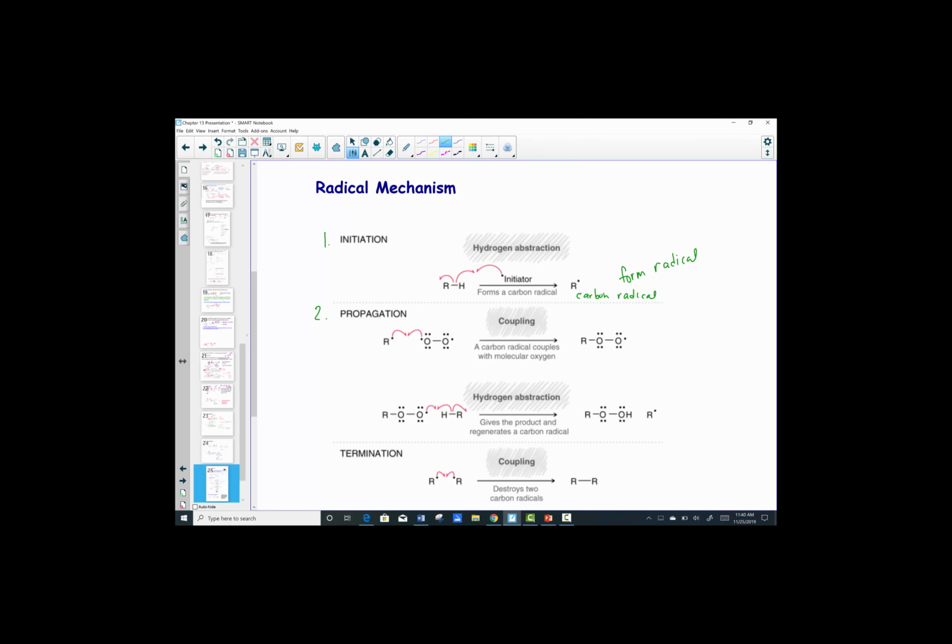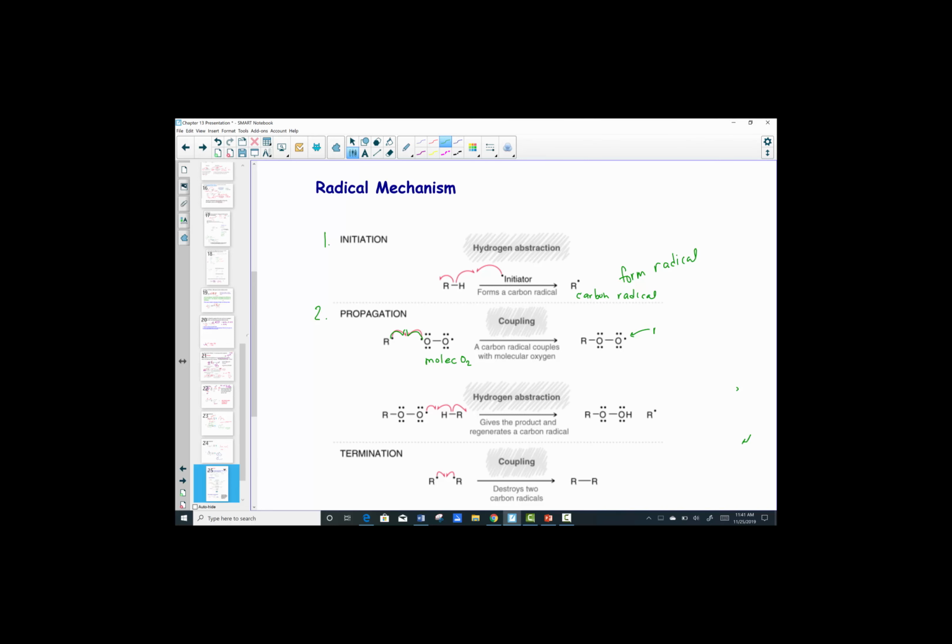To propagate, the propagation involves a first step of coupling. Notice this is where we see molecular oxygen as a radical. The first side reaching out to pair in a coupling reaction, forming this radical group from the oxygen, forming the ROO.